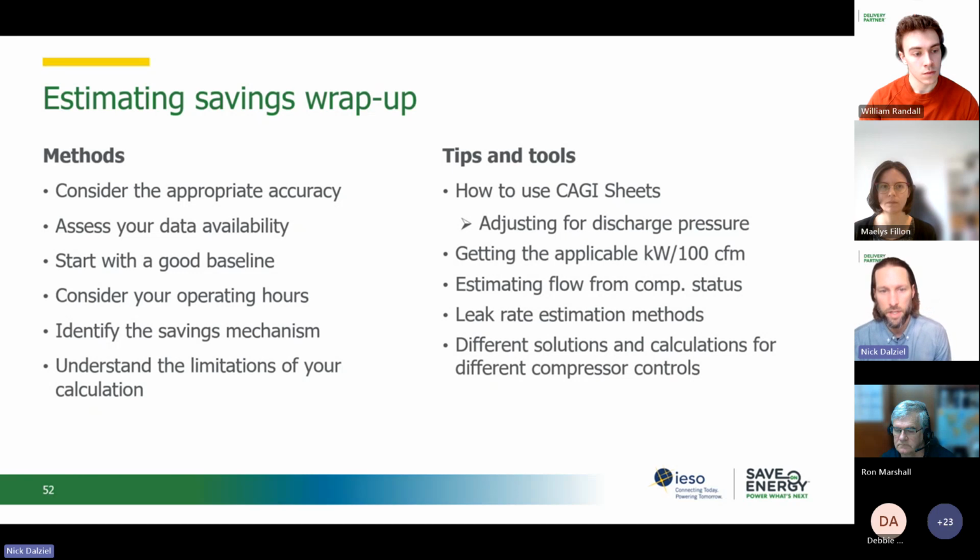So hopefully, if you've already got the ideas for how to save energy, this will help you walk away with some ideas for how you can quantify those and, wherever you're at in that project, get to the next step. As we mentioned throughout, you can refer to your participant workbook for some additional references and examples to support these methods, tips, and tools.